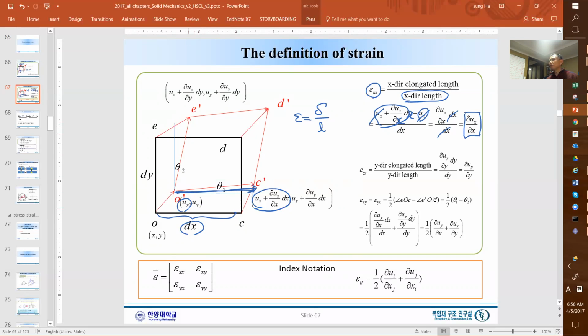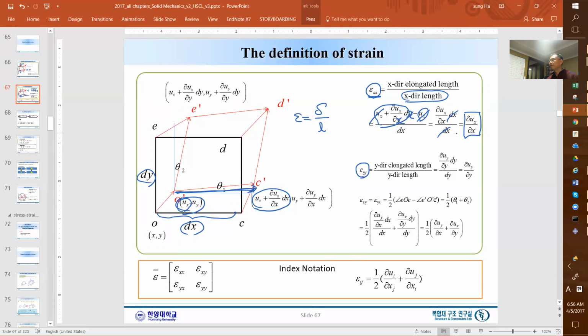In the displacement field ux, uy, the strain in the x-directional length change is simply the derivative of ux with respect to x. Similarly, we can obtain the y-directional strain, which is the length elongation in the y direction with respect to the y-directional length dy.